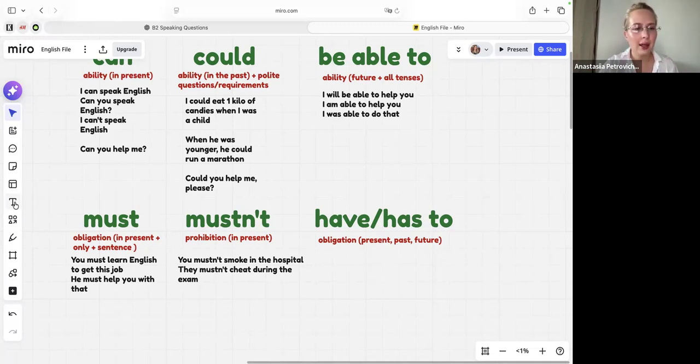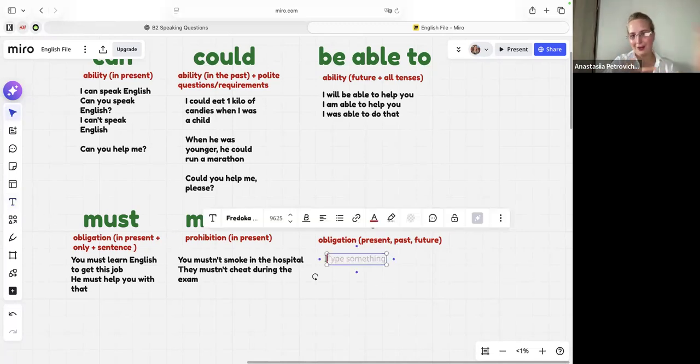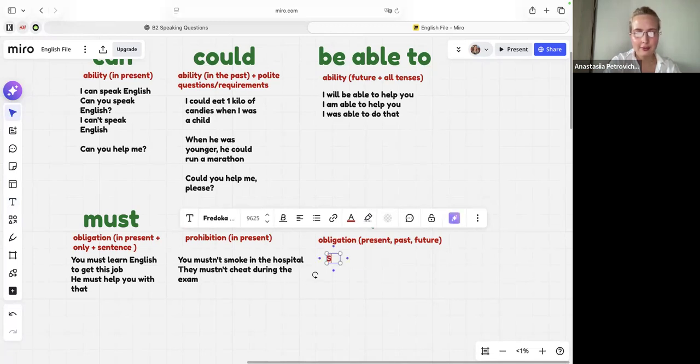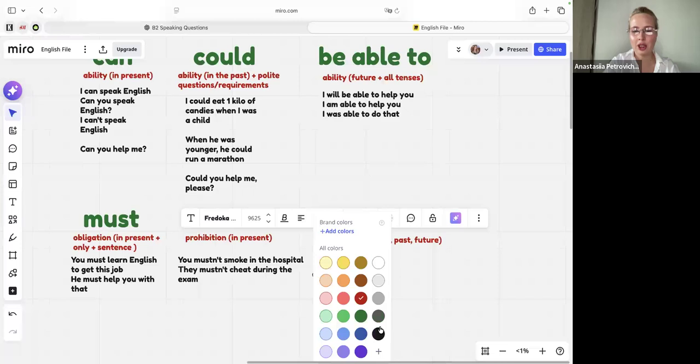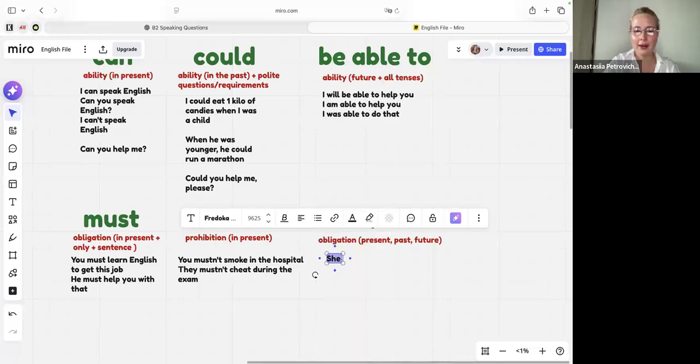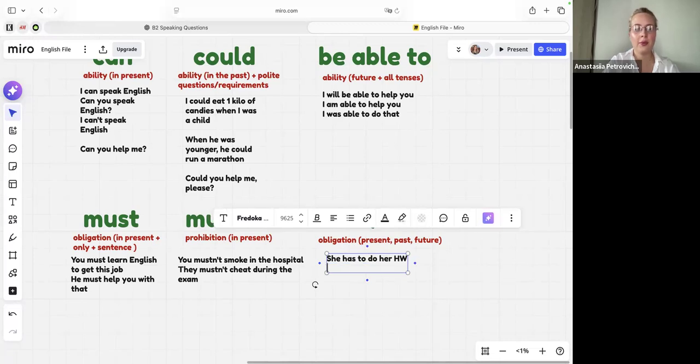So let me give you some examples, and you can understand it even better. So let's say she, so we will use has then, if it is she, так, she has to do her homework, yes, for example.